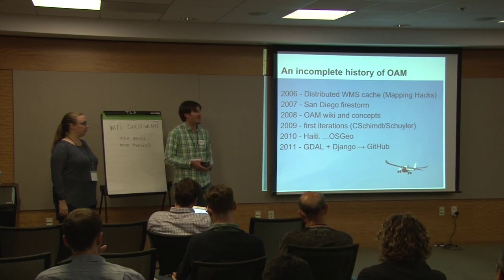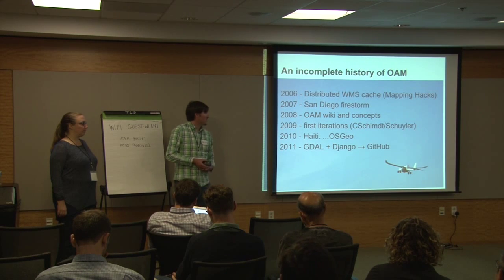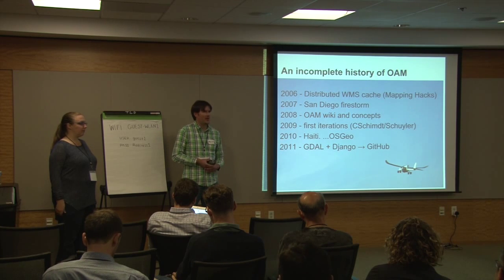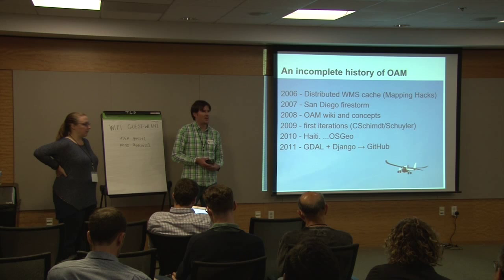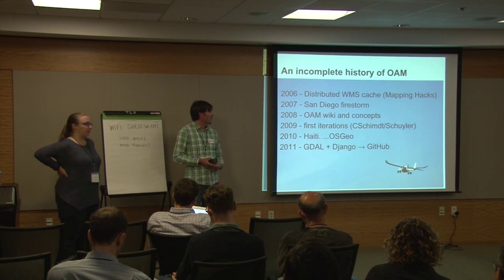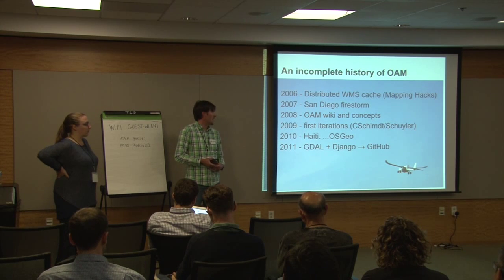It stayed as an idea until someone like Chris Schmidt and Skyler put it together into an iteration from the ideas that we put together in the wiki, and with some support from MapQuest, I think at that point, they put together some code. The same or similar code was used during the Haiti response and all the imagery that was gathered at that point.